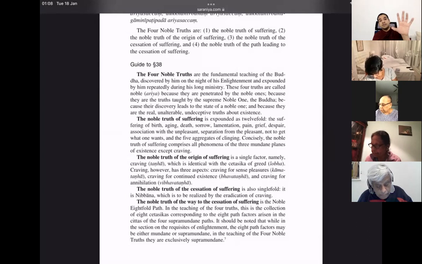What causes suffering? Do you understand? So all phenomena linked, it says here, to the 3 mundane planes of existence, except craving, cause suffering. Remember, linked to the mundane spheres.